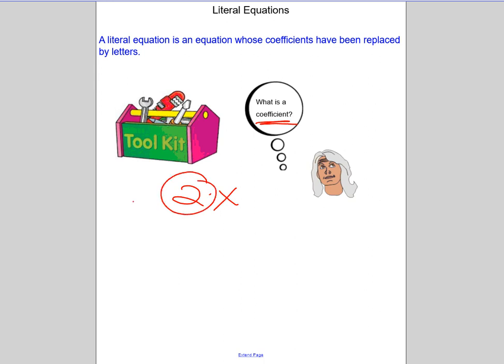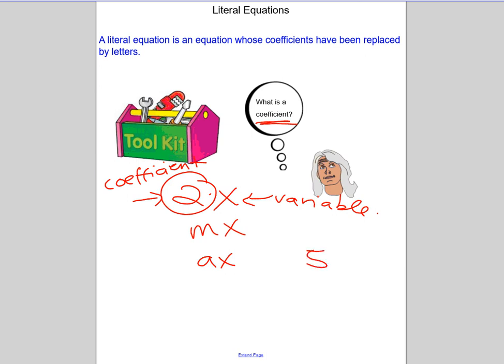The 2 is the coefficient, and the x we call the variable. So instead of 2x, it might be mx, like in the previous problem, or it might be ax. A coefficient could also just be a plain old number. 5, typically we call that a constant, but instead of 5, we might have n or k, like we did in the previous problem.